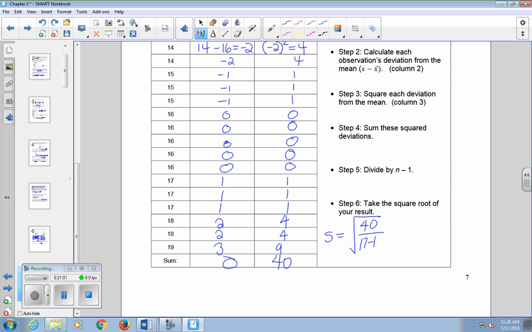Our n is 17, so we would get 40 divided by 16, and then we take the square root of our result, and that gives us 1.58. So the typical age is, on average, 1.58 years away from our mean of 16.